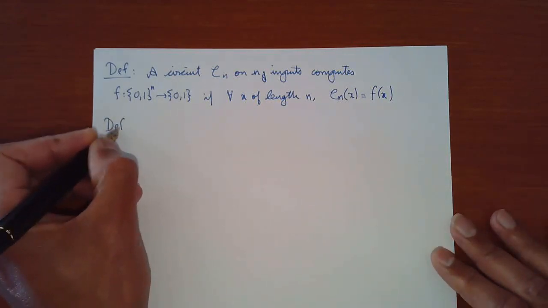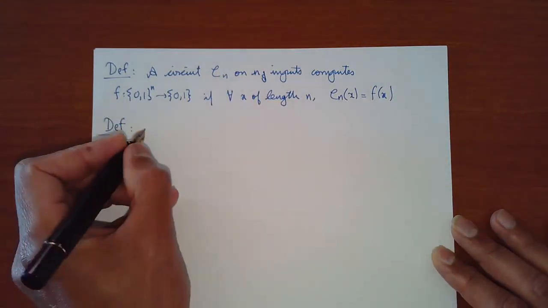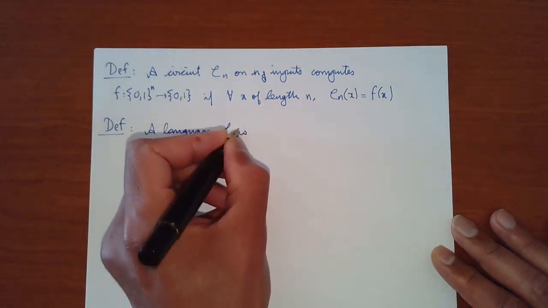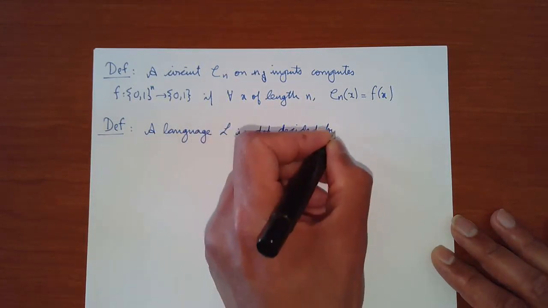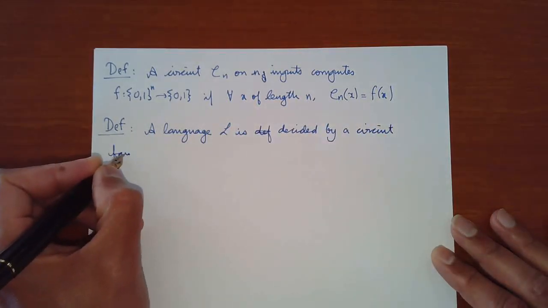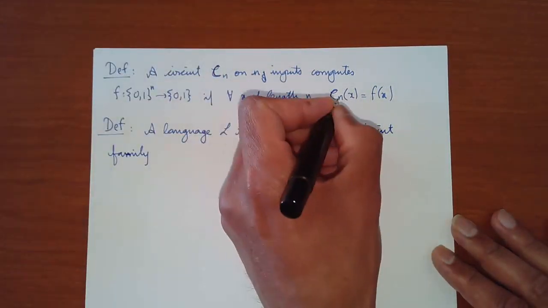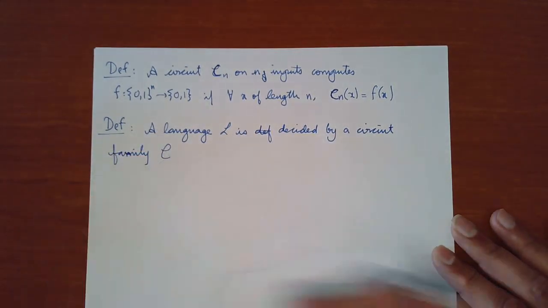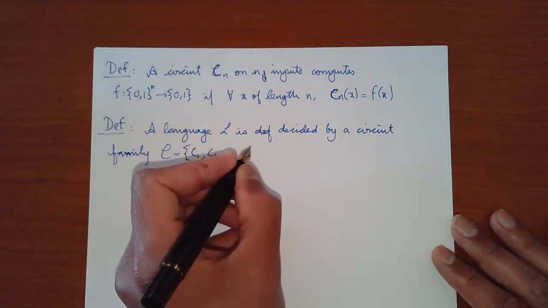And then, now the problem is with a circuit, the number of inputs is fixed. So we'll say a language L is decided by a circuit family. Actually, what I'll do is I'll use normal letters for a circuit, and for a family I'll use the scripted letter, where this is a family C_1, C_2, and so on and so forth.